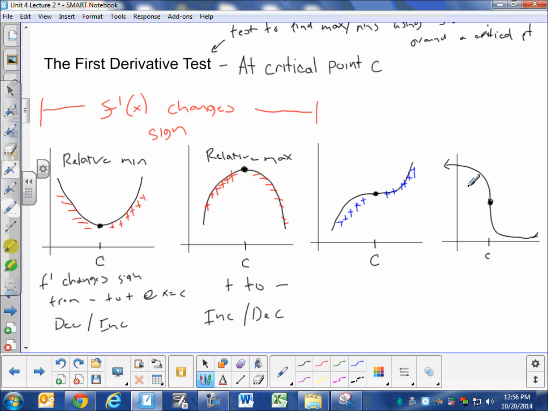Here's a situation where we have a critical point. This is a vertical tangent, a tangent that's undefined, whereas all of these tangents were zeros. So we analyze the signs of my graph around it. Since I go from negative to negative, we would say both of these are neither maxes nor mins.